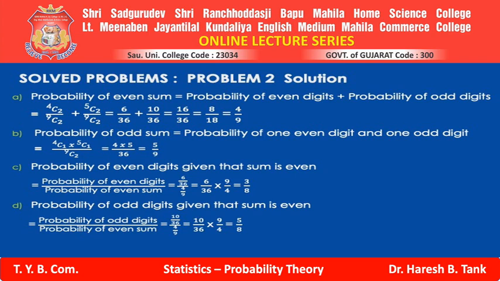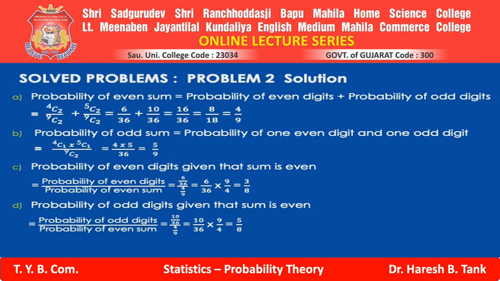Plus probability of odd digits. The denominator would remain the same as the number of digits is fixed to be 9 and 2 digits are to be selected. So 9C2 becomes exhaustive cases. Fine enough. Probability of odd digits: number of odd digits are 5, of which 2 of them are to be selected. That one can do in 5C2 different ways.